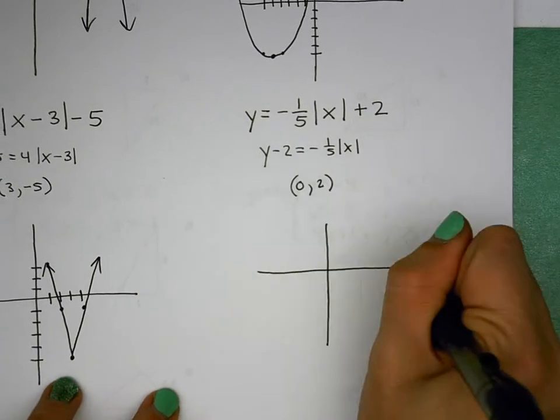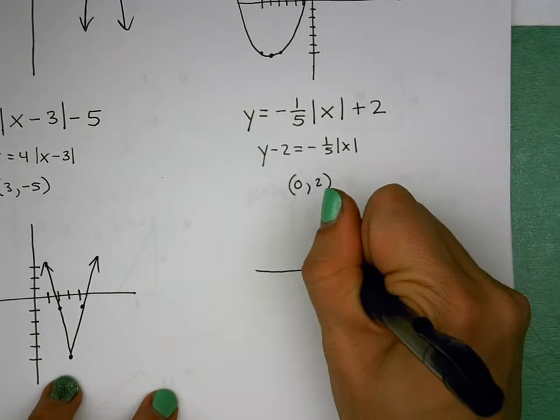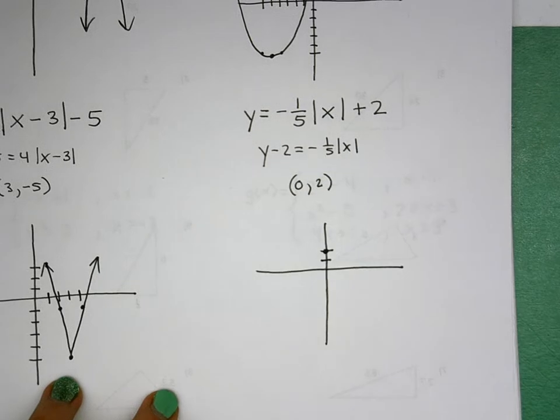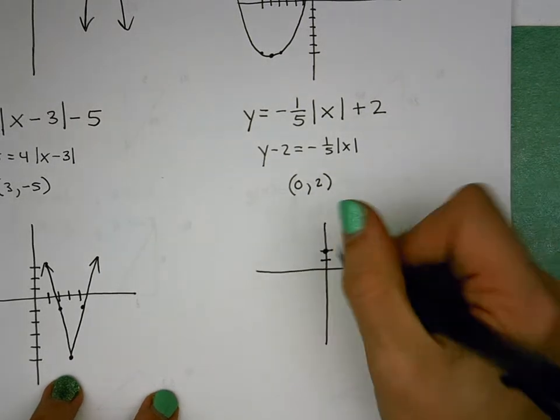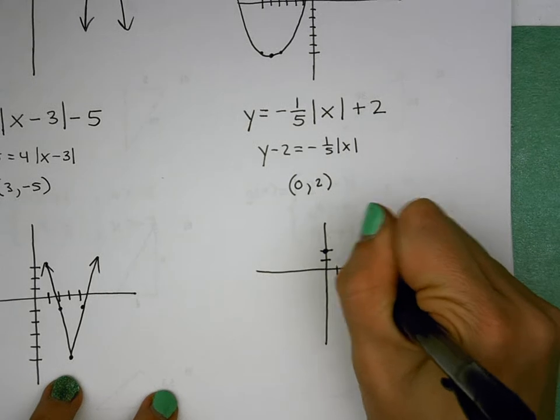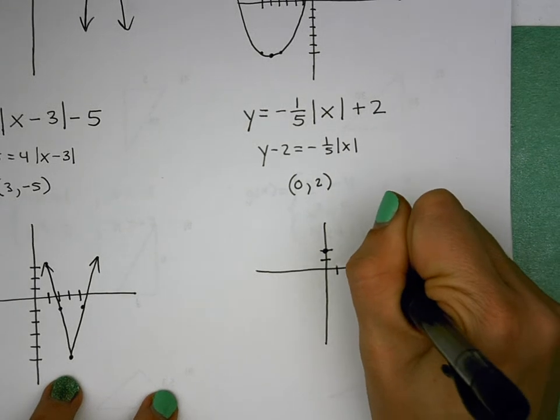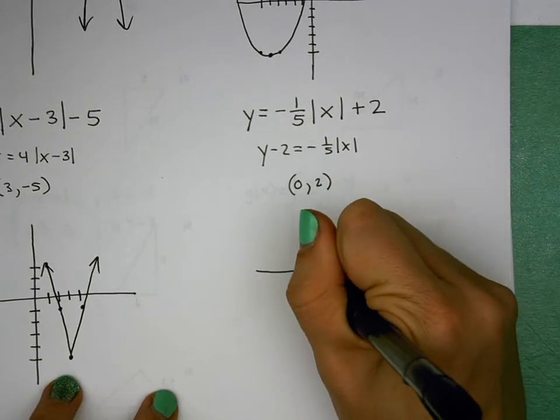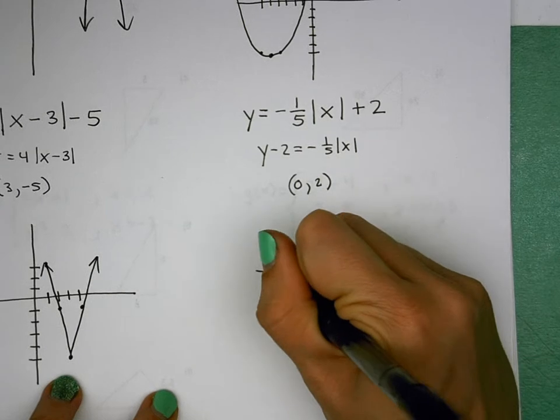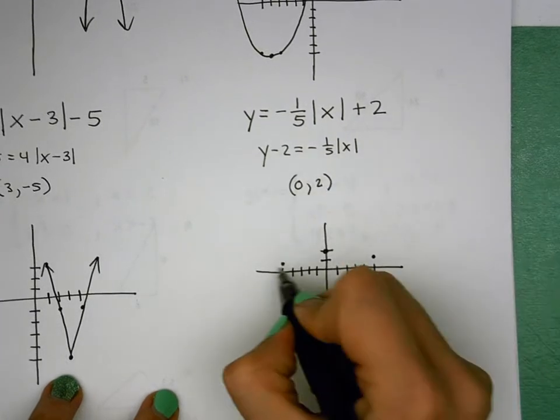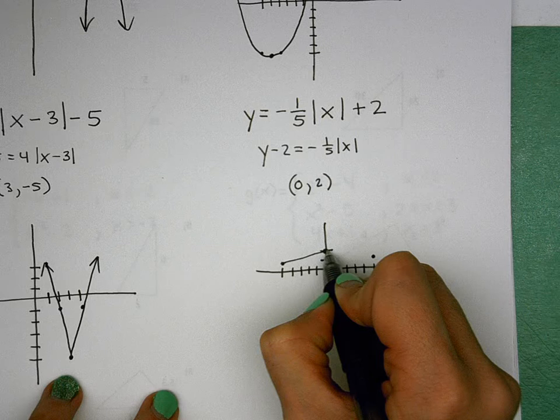So let's go ahead and plot our vertex at 0, 2. And then a slope of negative 1/5 means down 1 over 5. Down 1 over 5. And I've got my absolute value.